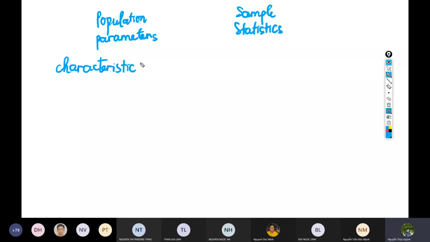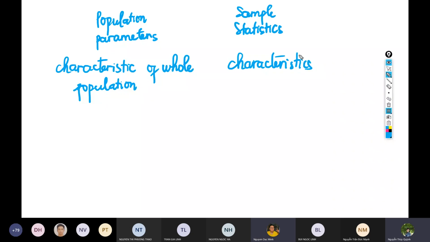This is the characteristic of the whole population, and sample statistics show the characteristic of a certain sample.